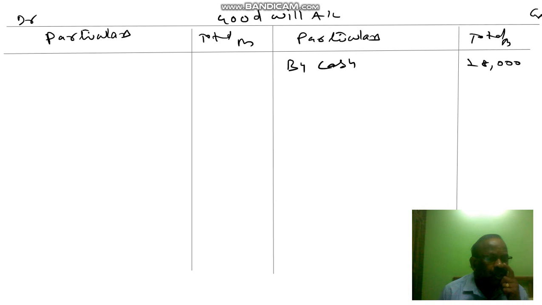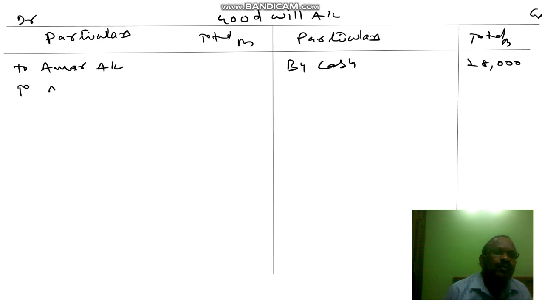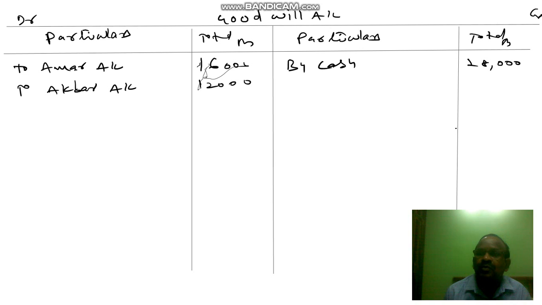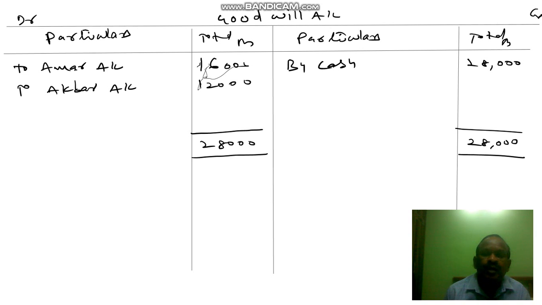This goodwill is distributed between Amar and Akbar, so we debit the Amar account and Akbar account, that is 16,000 and 12,000. So it is closed. Here the goodwill shows no balance, that's why it will not come into the balance sheet.